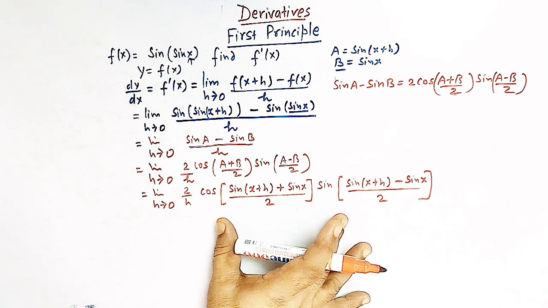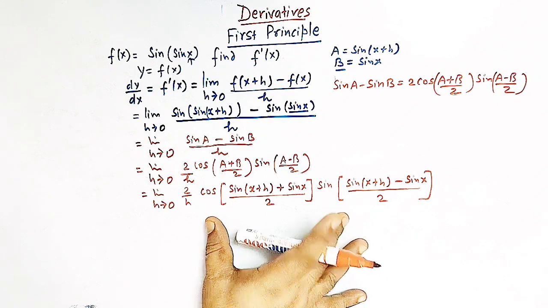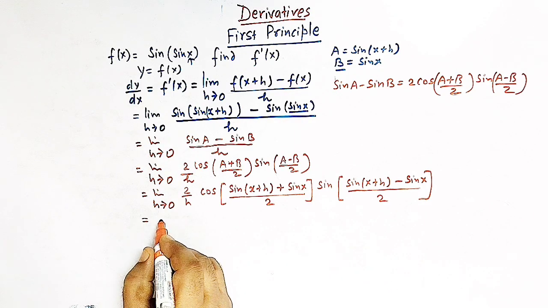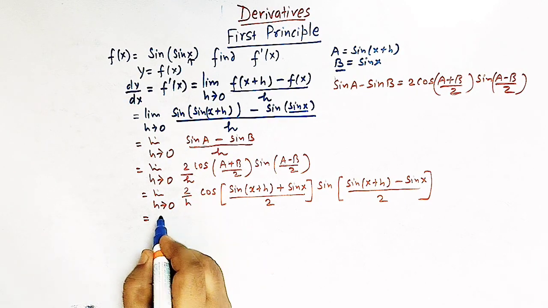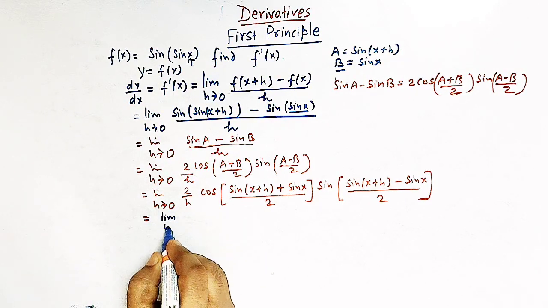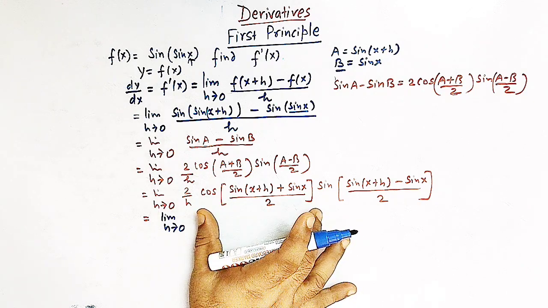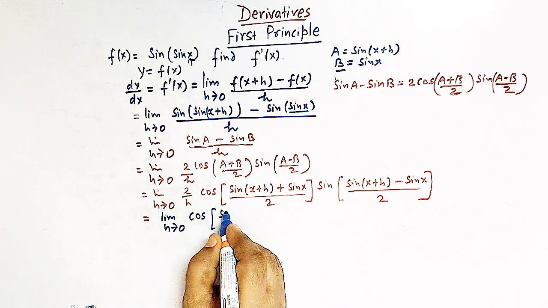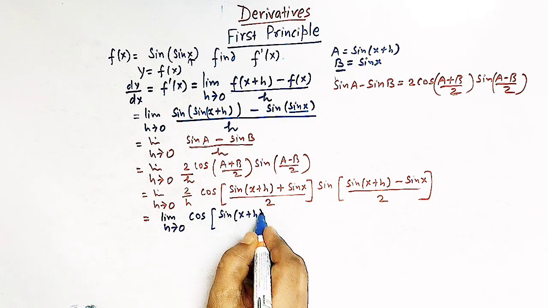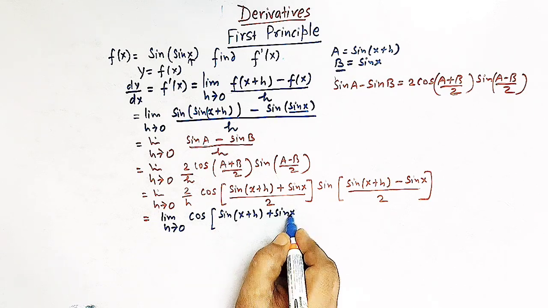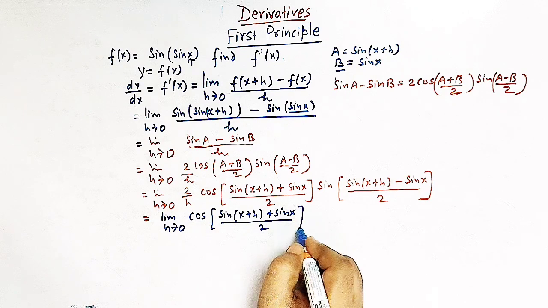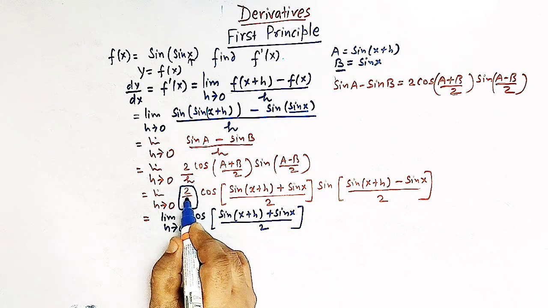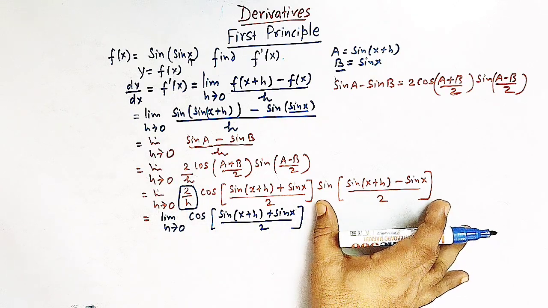So now we have to evaluate this limit. Now to evaluate this limit, we can write a limit h tends to 0, and we'll first write this expression. So we have cos of sine x plus h plus sine x divided by 2, and then we can take this expression, that is 2 over h over here.